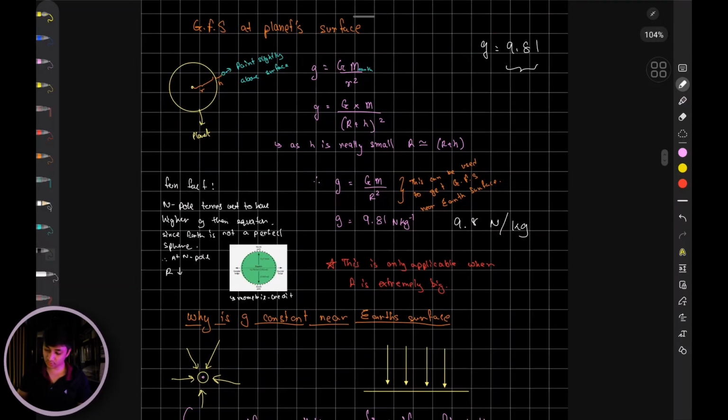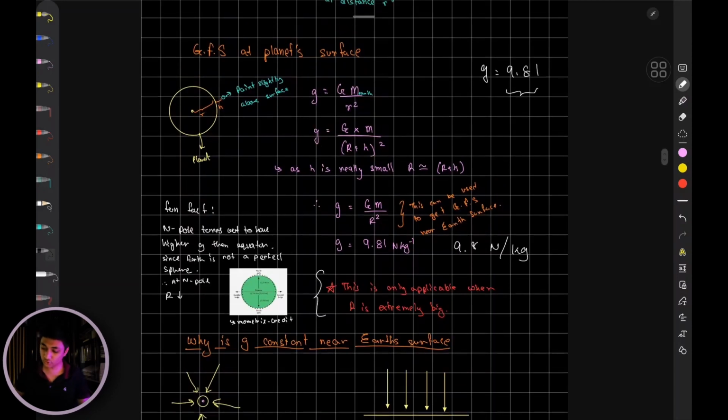Right. The other thing to note is we have taken a small value of altitude, a small value of h over here. Now, in the case that you are really far away from the surface of Earth, your h is going to actually affect the net separation, which is why the gravitational field strength at that separation is going to change from your known value of 9.81.